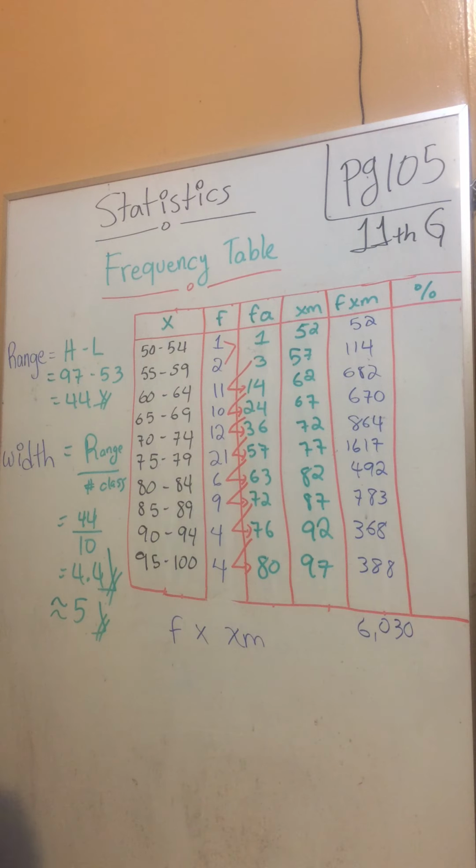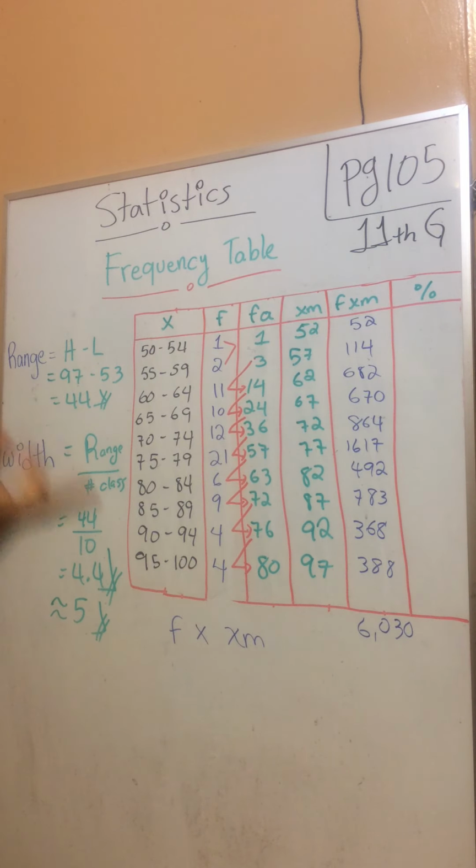Now, when we're talking about the last column, we're going to work it as a percentage. How do we get to this number? We're looking for a number that's going to give us a percentage. Why do we need a percentage? We need the percentage so that each data row is going to give us a percentage.